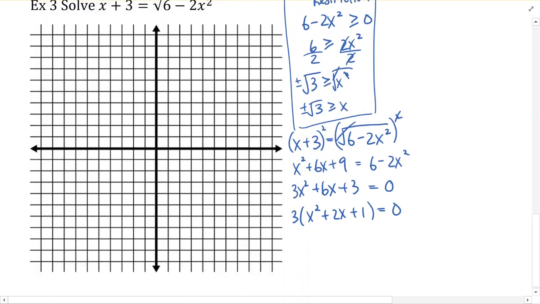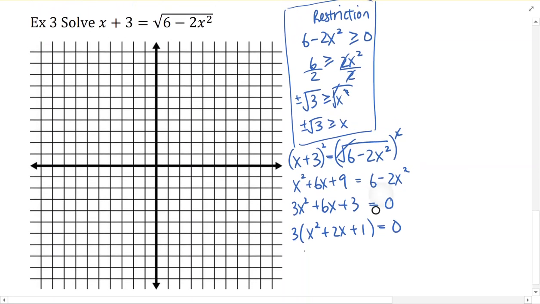And then we could factor that below, so we basically have x plus 1 times x plus 1 equals 0. Since they're both x plus 1, I can just do one side. x plus 1 equals 0. Therefore, x equals negative 1.